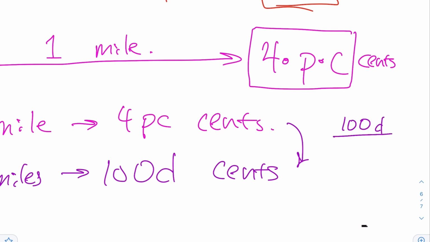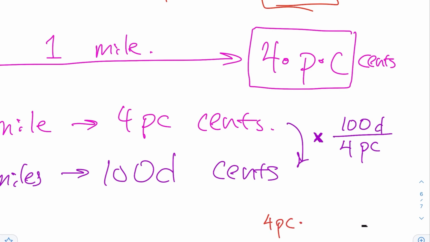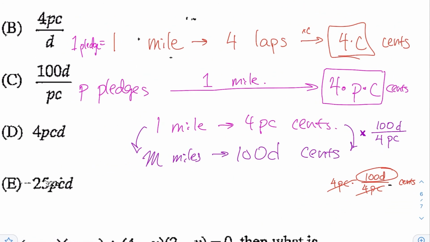Because if you multiply 4PC times 100D divided by 4PC, you'll get rid of the denominator, and you just get the numerator 100D cents. So if you multiply 100D times 4PC on both sides over 4PC, you figure out the number of miles that he jogged is 100D over 4PC.